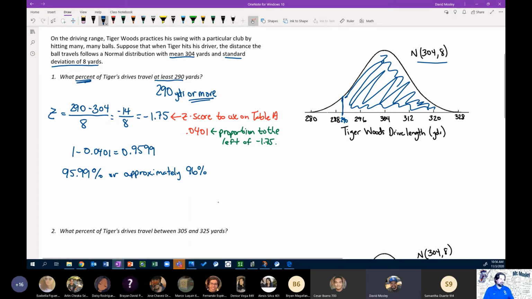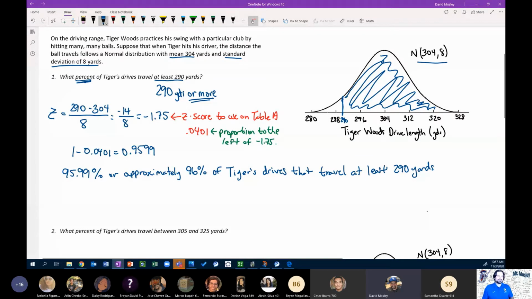And this is the percentage of Tiger's drives that travel at least 290 yards.